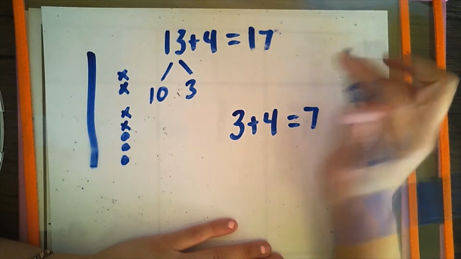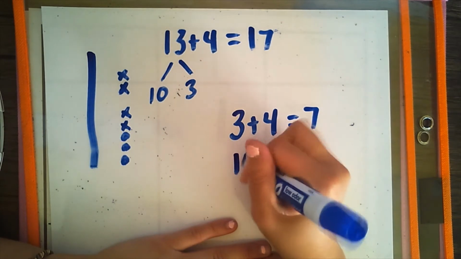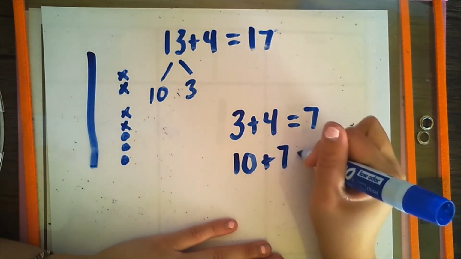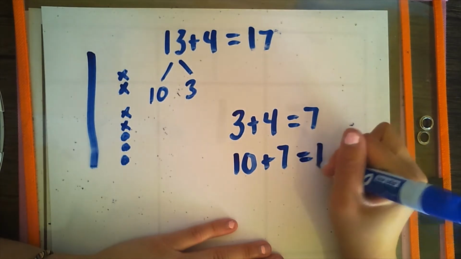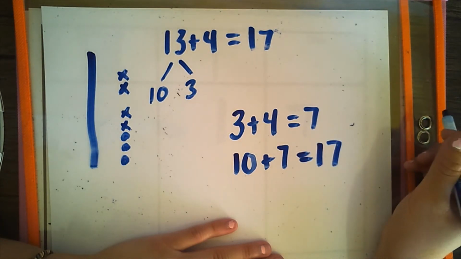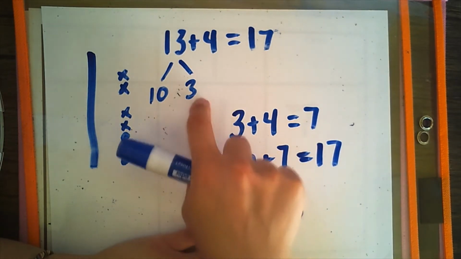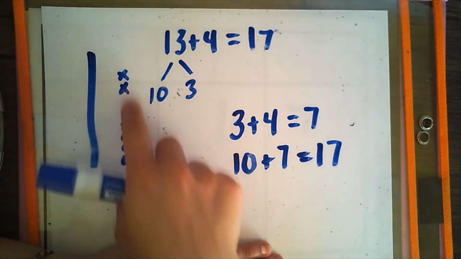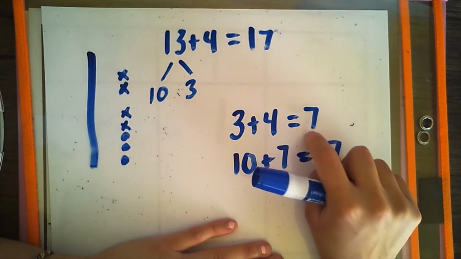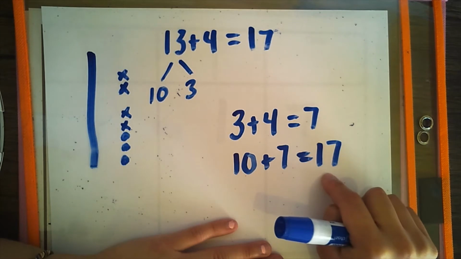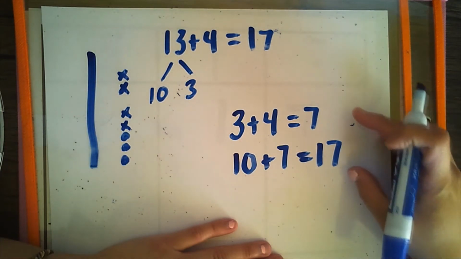And then we still have that 10, so we're going to add 10 plus the 7 from the ones and got 17. So first we added the ones, which was 3 and 4, pictured here. And then we added the 7 ones to the 1 ten to give us 17. So these are the two number sentences that we used.